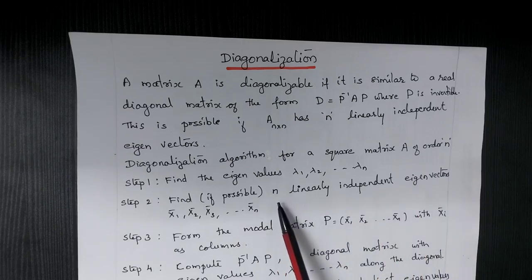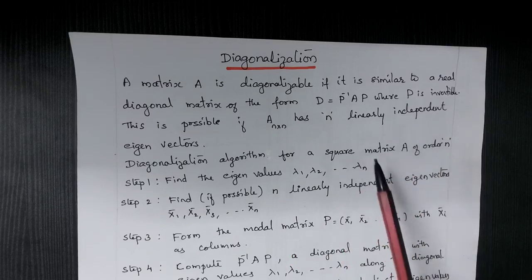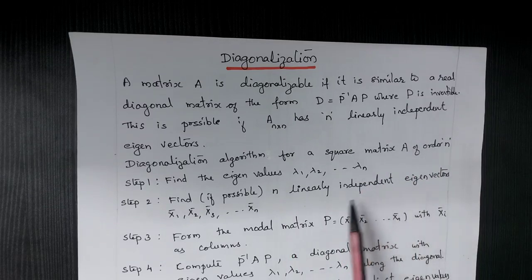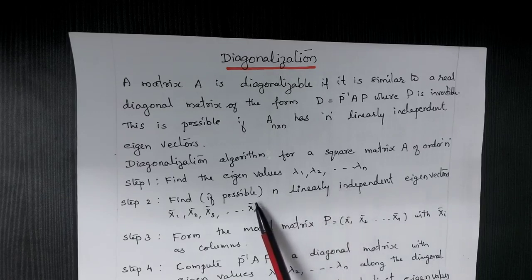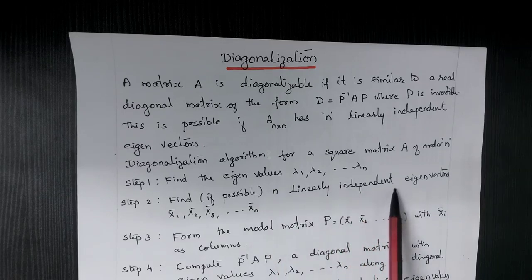In some cases, we may not be able to find n linearly independent eigenvectors. In those cases, diagonalization is not possible. Even when the eigenvalues are repeated, in some cases it is possible to find n linearly independent eigenvectors.